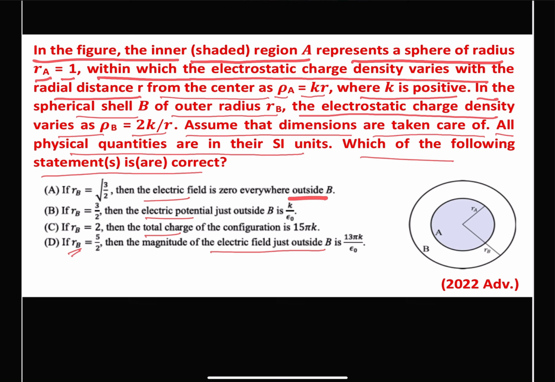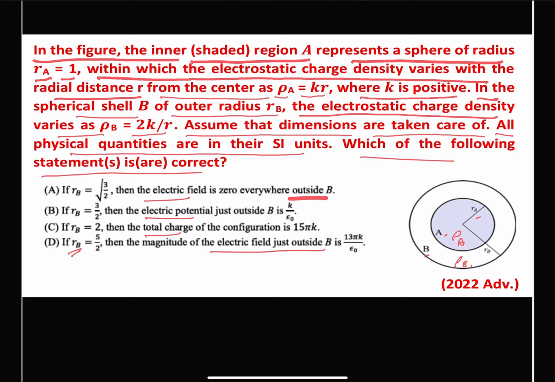So a figure is given to us. We have an inner sphere represented A, radius Ra, which is equal to 1 unit, and we have B, whose radius is RB, but their charge densities are different. So this has rho A and this has rho B.